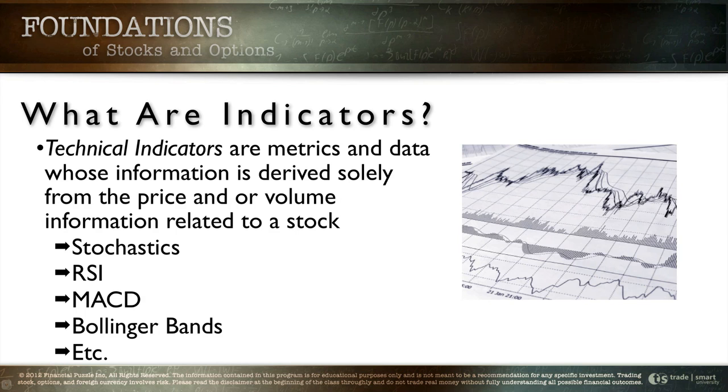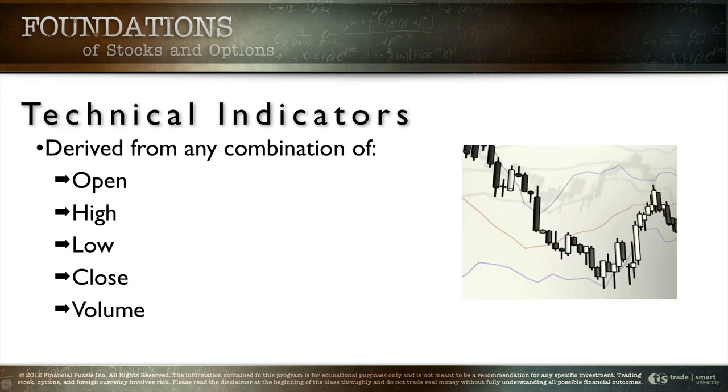And in the next class, we'll learn about a few additional indicators that we're going to be studying and working with. Whenever we think about these technical indicators, these specific ones, they can be derived from any combination of the following: the open, high, low, close, or the volume. A lot of indicators will take all 5 of these and synthesize them together. Some indicators just take 1 or 2 of them and synthesize them together into various forms.